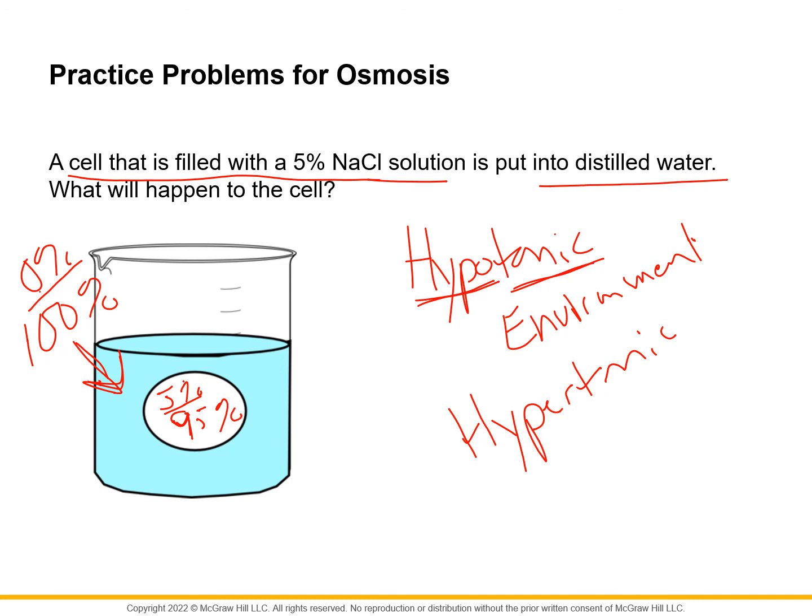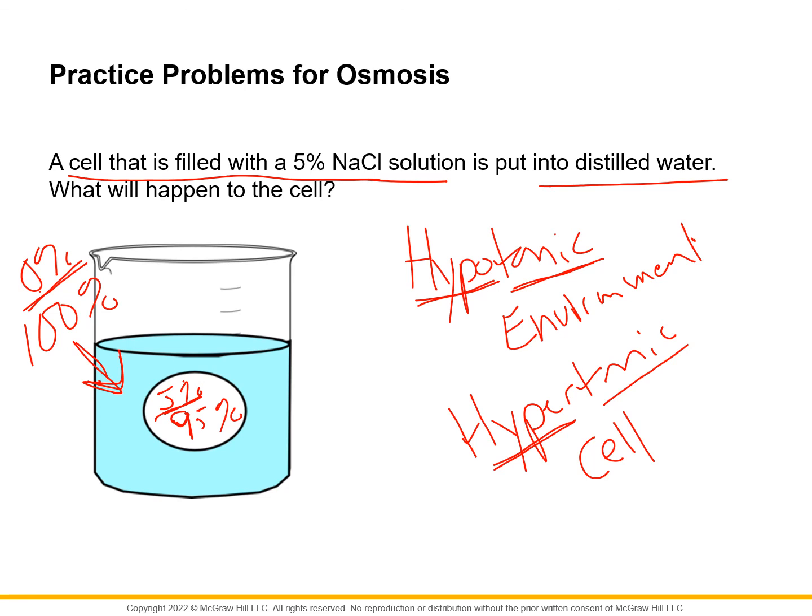And then just to double check, you need to figure out which is the hypertonic solution. And remember, hyper, like hyperactive, a person who is hyperactive has a higher level of activity. So hyper means higher, tonic means solute. So which one has the higher solute? 5 is higher than 0. So the cell is the hypertonic environment.